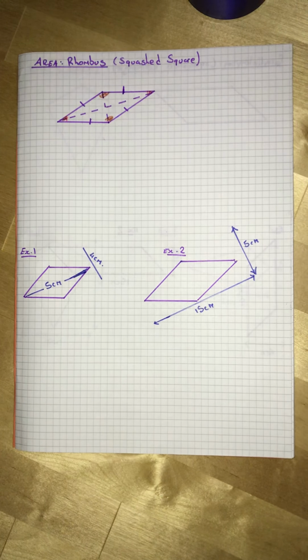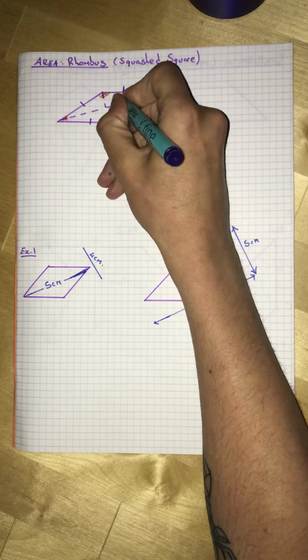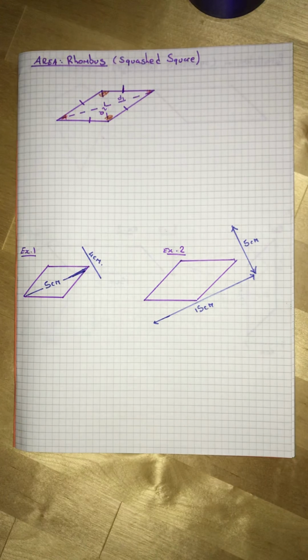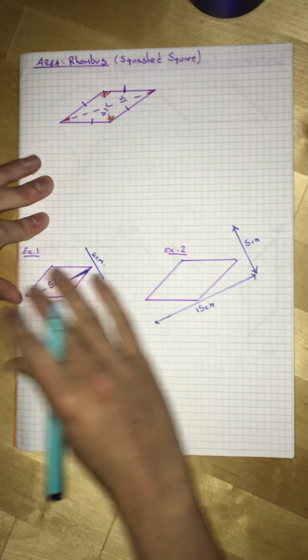Okay, so if we call this one diagonal 1 and this one diagonal 2, that is actually how we're going to solve for the area of the rhombus.